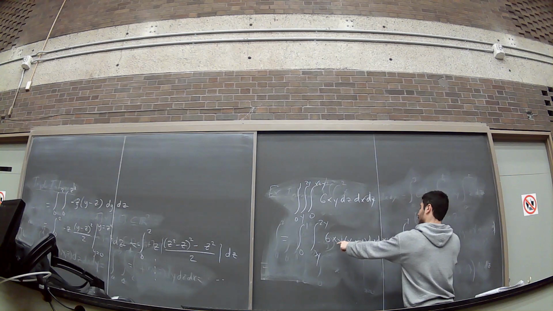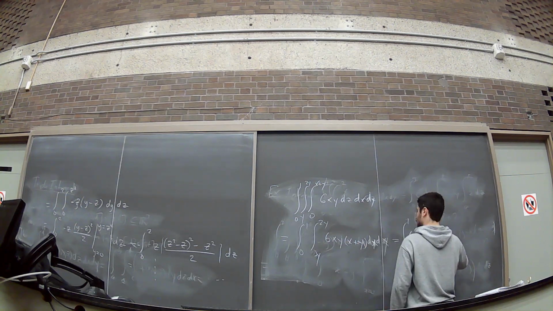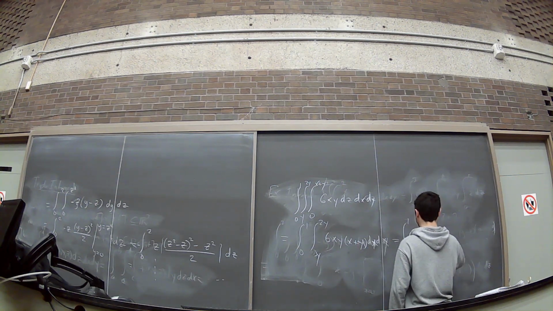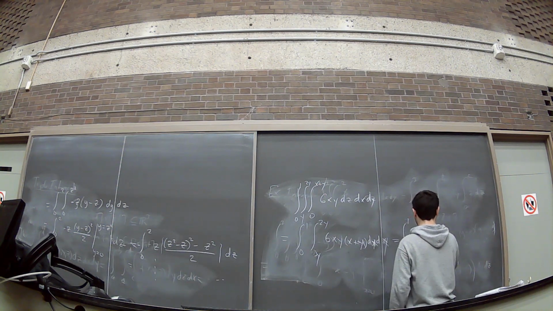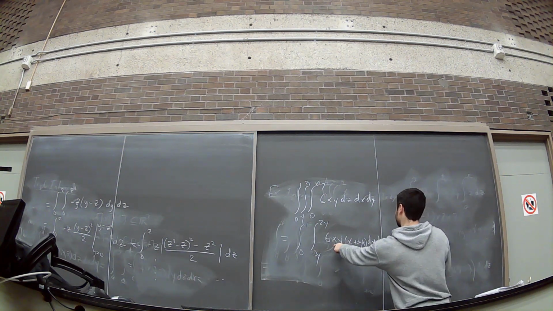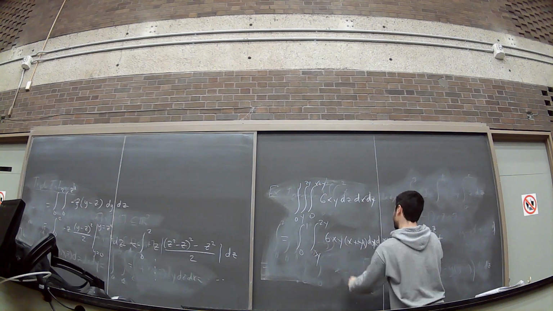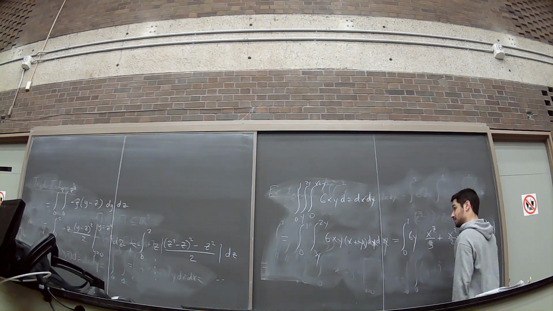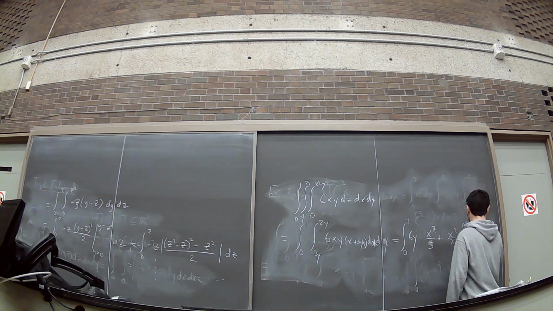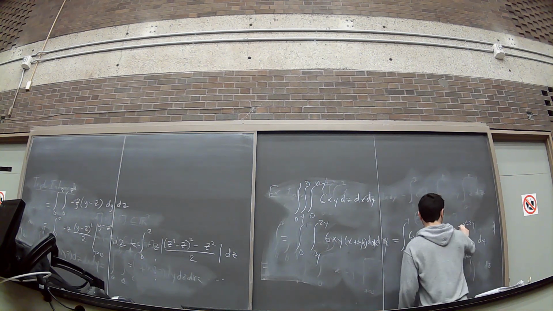No, I took the y out, plus xy. So you get x cubed over 2 plus 6xy, so you get x squared over 2 y, from x equal to y to x equal to 2y, dy.